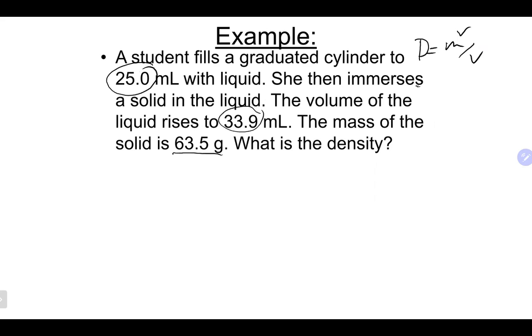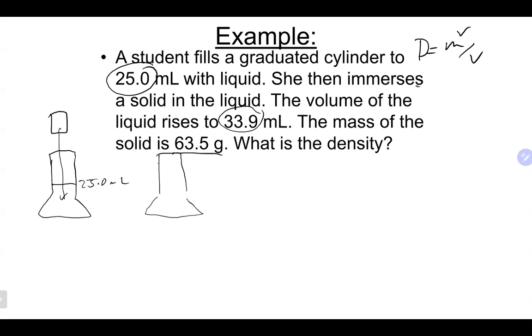So again, what's happening here is what we just sort of drew on the other page. We have a graduated cylinder here that's starting out at 25 milliliters. We're going to take our solid, which weighs 63.5. We're going to put it in. When we do so, our graduated cylinder is then going to rise to a level of 33.9 milliliters with our solid in there.